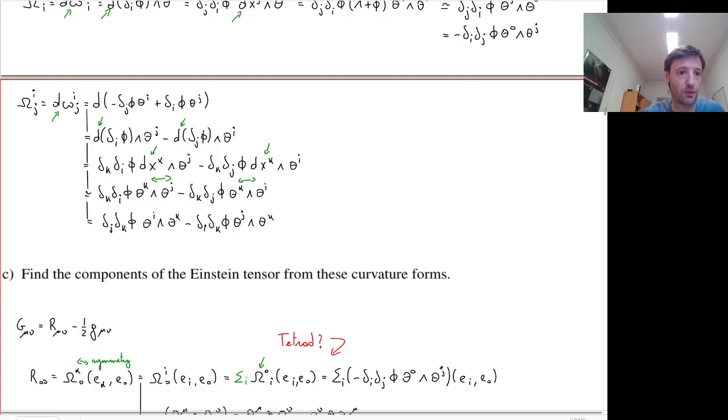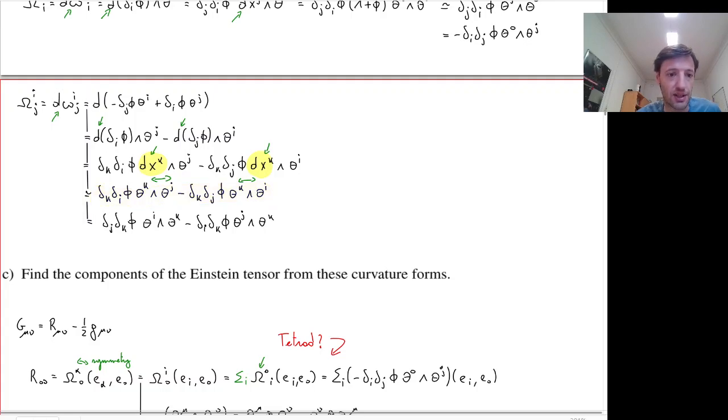Doing that, the derivative of a sum is the sum of the derivatives, so we just split the derivatives in this way. We use the explicit expression for the exterior derivative for each of those parts, so that we have this one and this one.